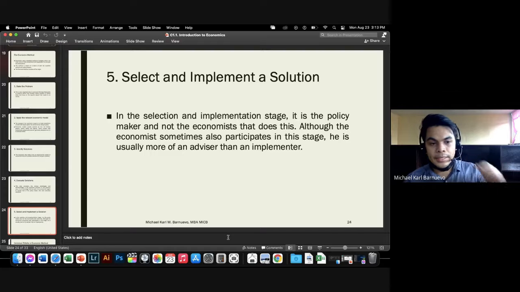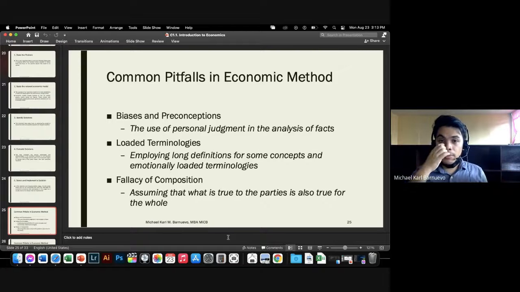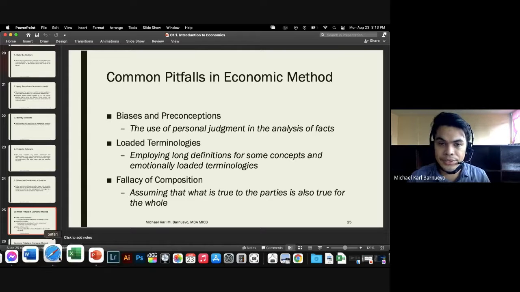So the next topic is the common pitfalls in economic method. Now the problem with economic method is it is not perfect. It still has negative aspects. And the following are the negative side of the economic method. First is the biases and preconceptions, the use of personal judgment in the analysis of facts.